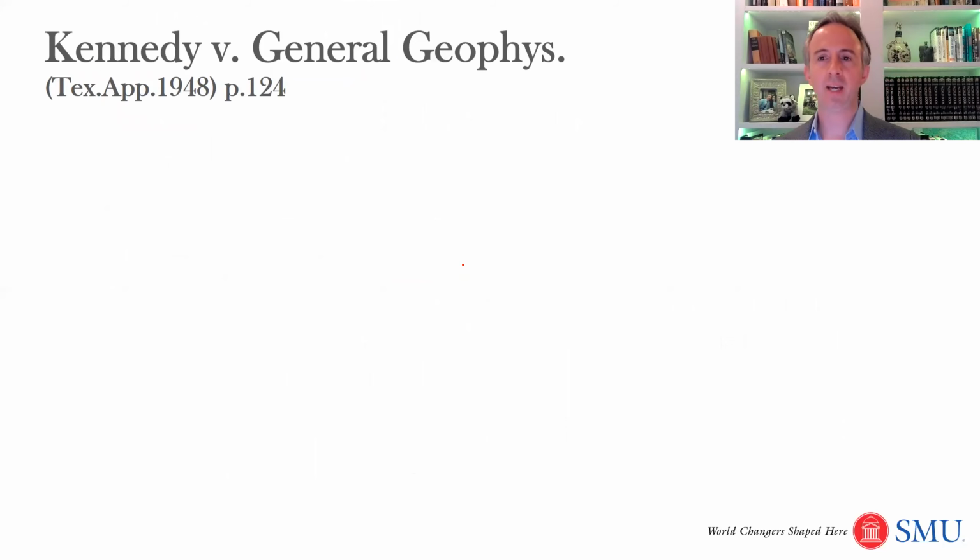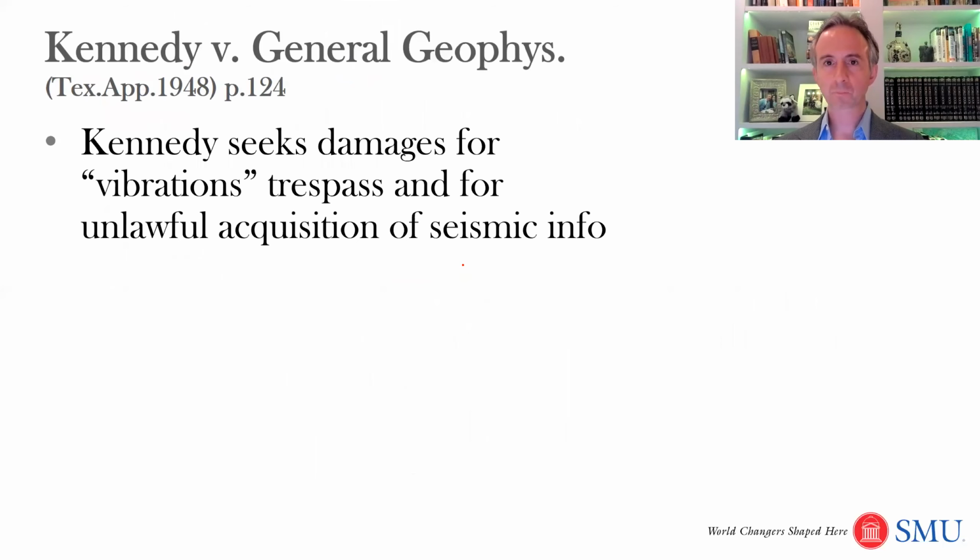Let's talk about this Kennedy versus General Geophysics case, Texas Appeals Court, 1948. It's on page 124. So here, Kennedy seeks damages for vibrations trespass and for unlawful acquisition of seismic info. And basically what happens here is that those explorations were happening right up to the border of Kennedy's land.